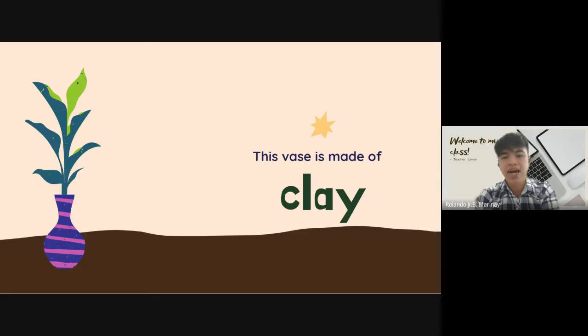This is a new material. We haven't introduced it in the first part. Clay is a very sticky kind of soil that can be formed, and when it is heated, it becomes hard. That is clay.